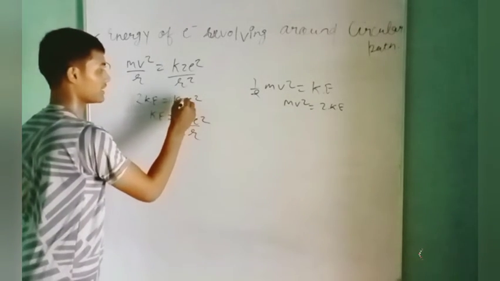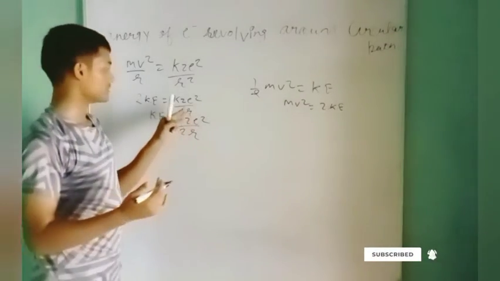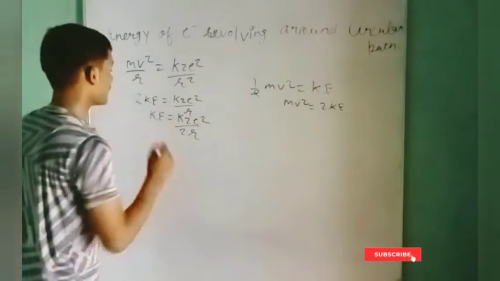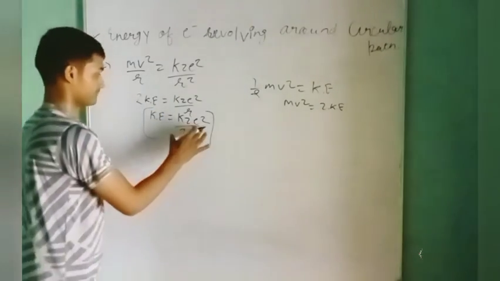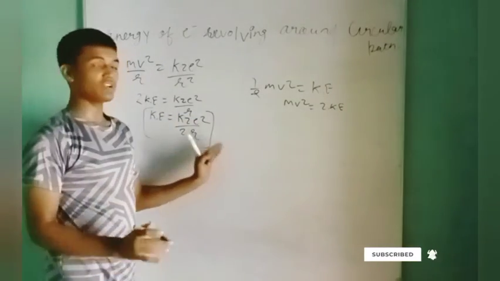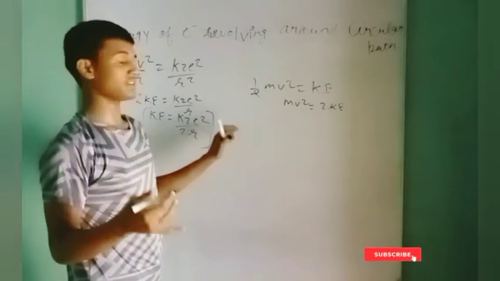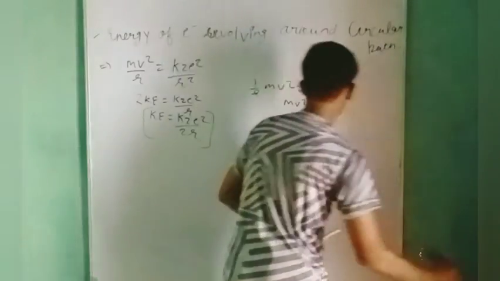Here we take the charge of the proton. The proton charge is Ze, where Z is the atomic number. We did not take the sign of the electron charge in the kinetic energy, but we take the sign of the electron charge in potential energy, because potential energy may be negative or positive.